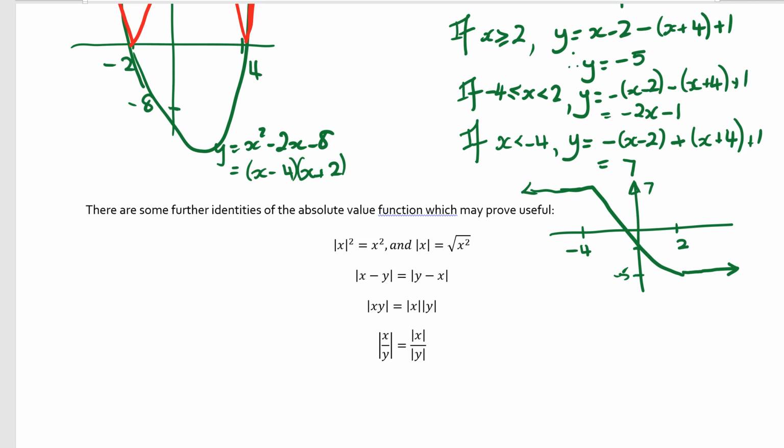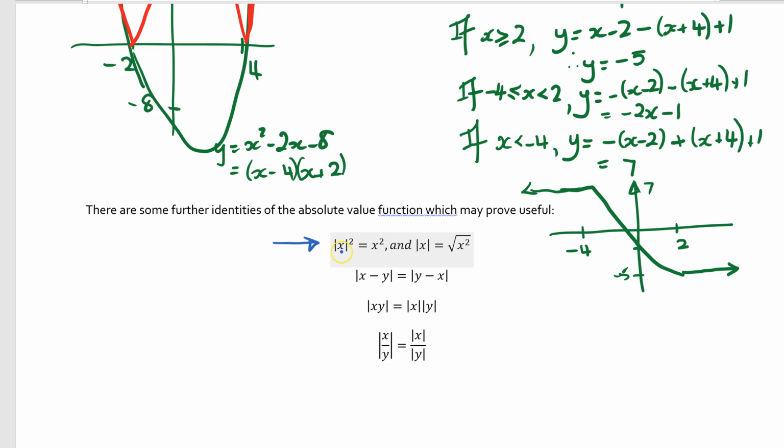So finally, just to finish up on a few further identities of the absolute function which may prove useful, possibly more to people who are going to do extension 2 at some stage. Have this one, which is pretty good to get your head around, and which will be common in extension 2, that the square of the mod of x is just equal to x squared.